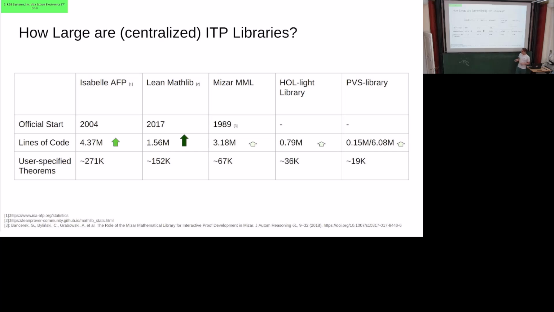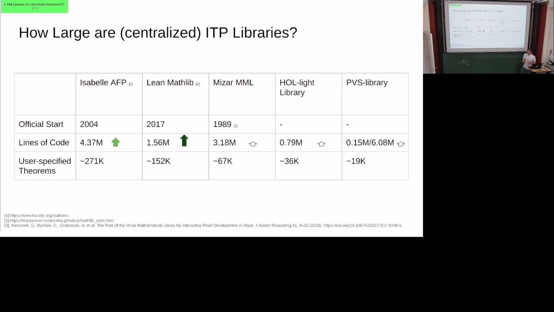And you have about 270,000 in Isabelle, 150,000 in Mathlib, and then much less of that in Mizar, HOL Light, and PVS. So 70,000 in Mizar, and then less of that in the other three. Although I'm not entirely sure about HOL Light here, because there I counted all the theorems that are proven with proof. I'm not sure if that's accurate.